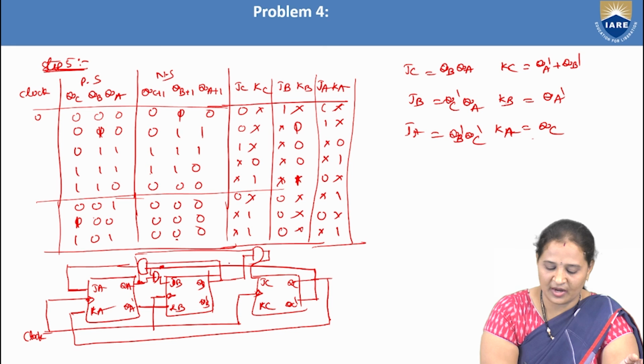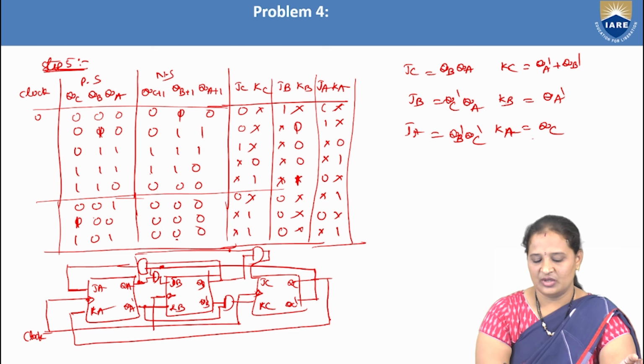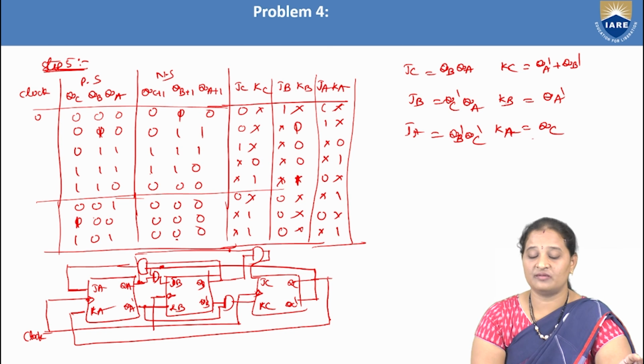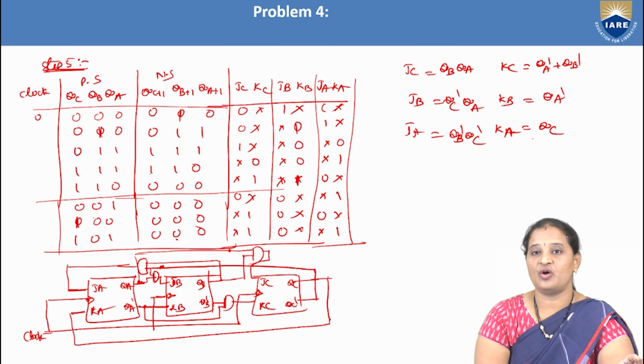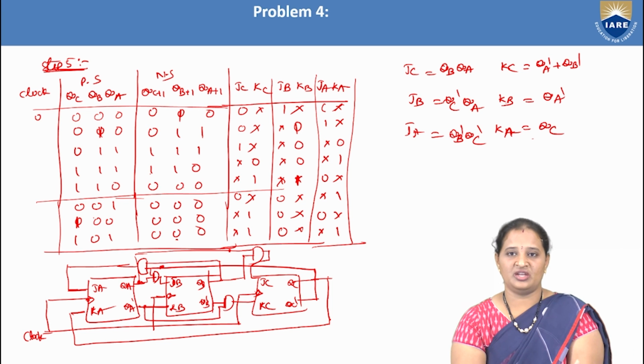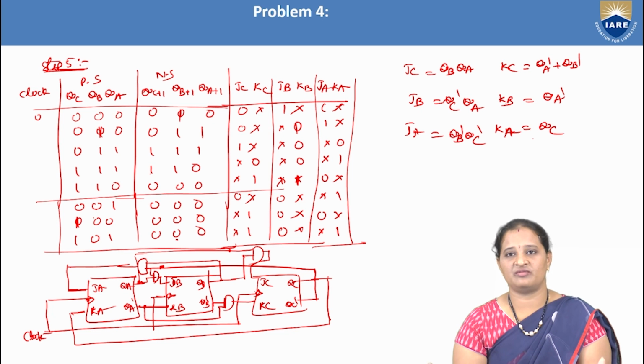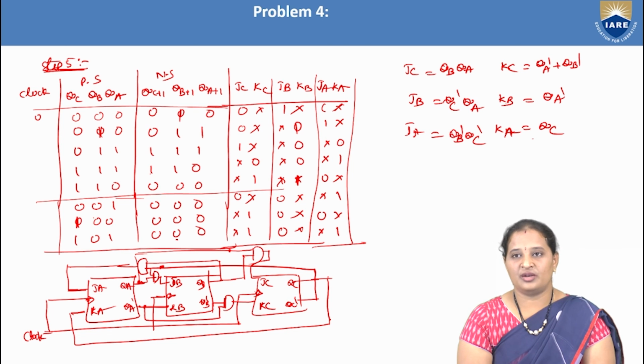So we have to take another AND gate here, with QB complement and QA complement, right? So I take QA complement and give it to this and this one. Like that, we have to give the inputs to all the flip-flops. So you just draw the circuit neatly. Give sufficient space between all the flip-flops so that you can draw neatly.